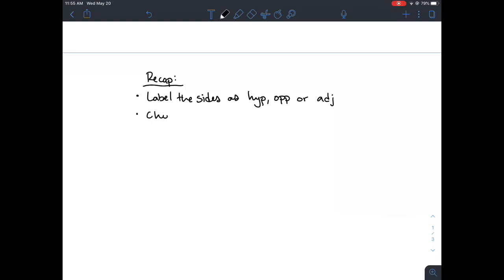I need to choose the right trig ratio. Remember, that's the SOHCAHTOA thing, where sine is opposite over hypotenuse, cosine is adjacent over hypotenuse, and tangent is our opposite over adjacent.